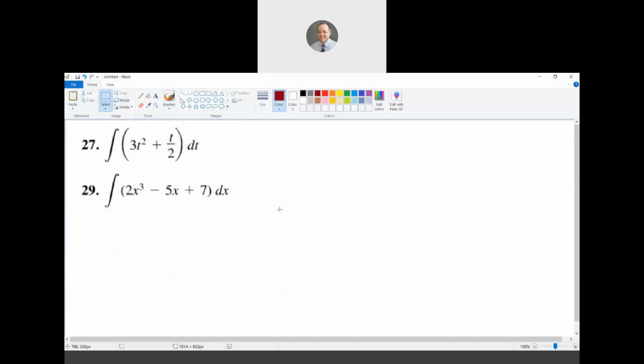Okay, number 27. Again, before we take the antiderivative or integral, let's separate into two integrals. So we have the integral of 3t squared dt plus the integral of t over 2 dt.